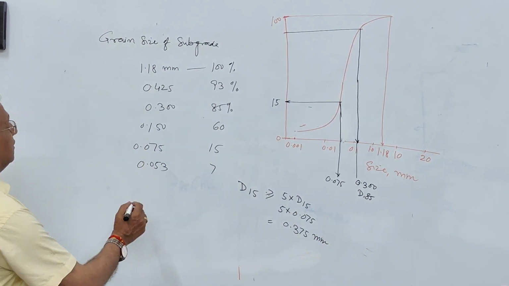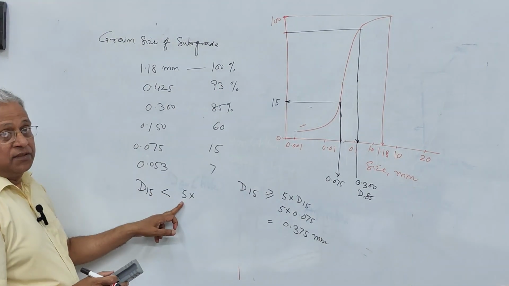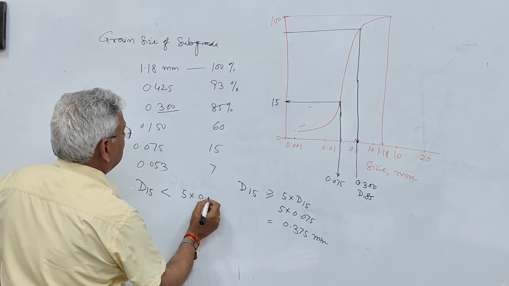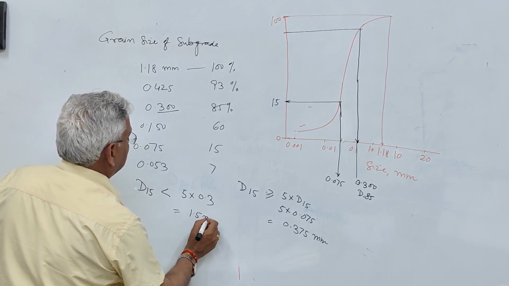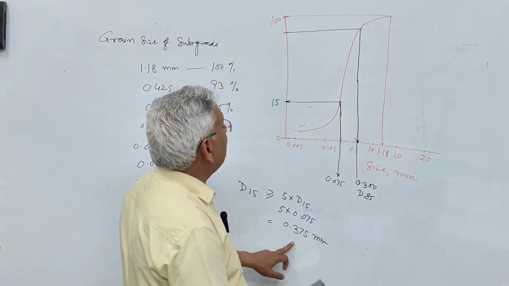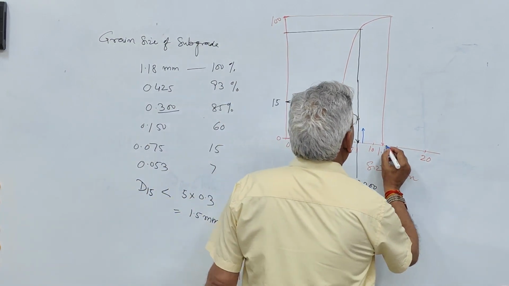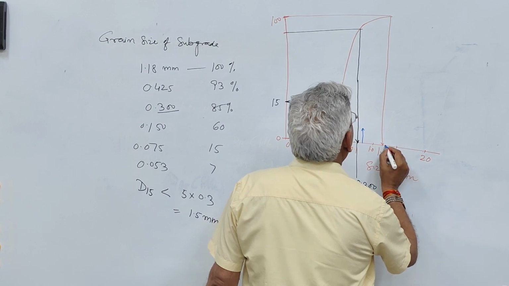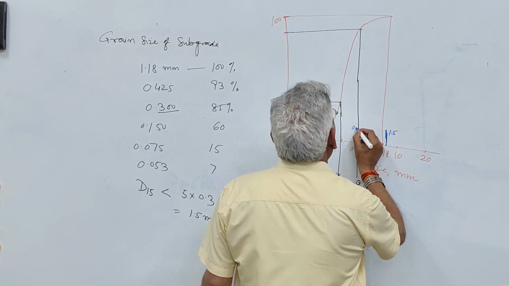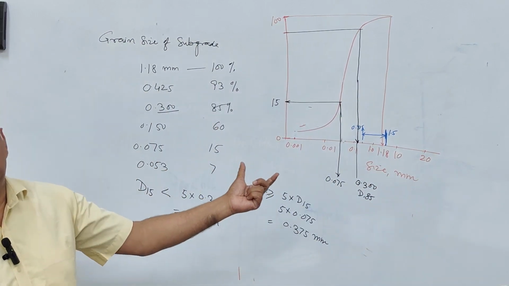The second condition is that D15 of the filter material should be less than 5 times D85 of the subgrade soil, and that is 0.3, so this is 1.5 millimeter. So 0.375 is here and 1.5 is here. So D15 for the filter material should be within this range.